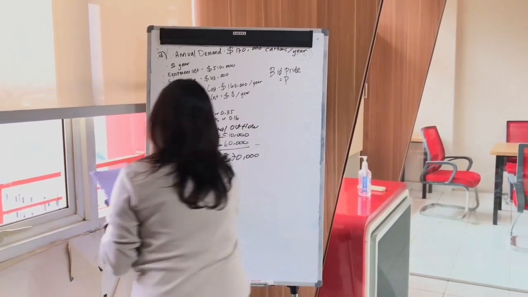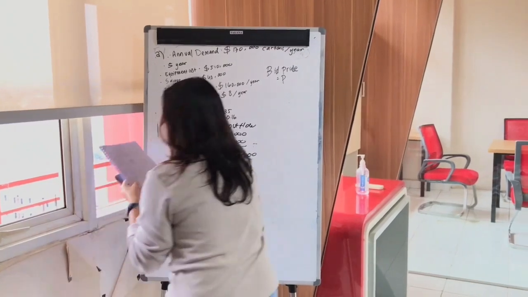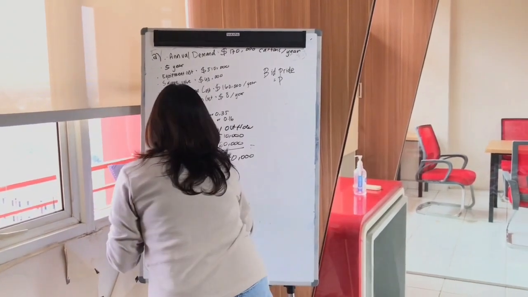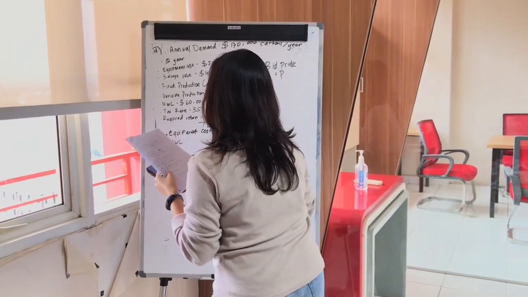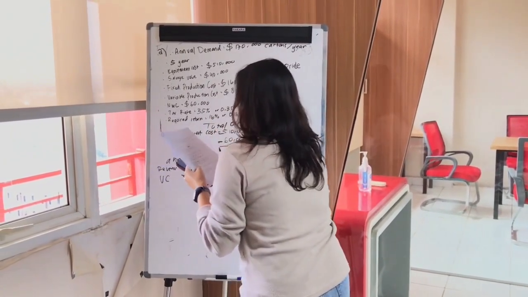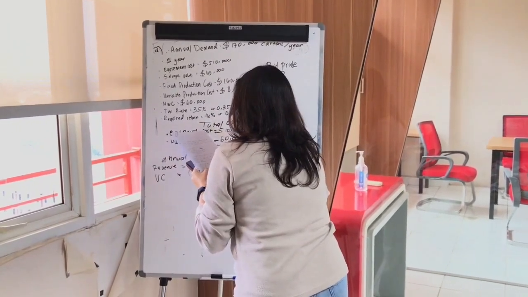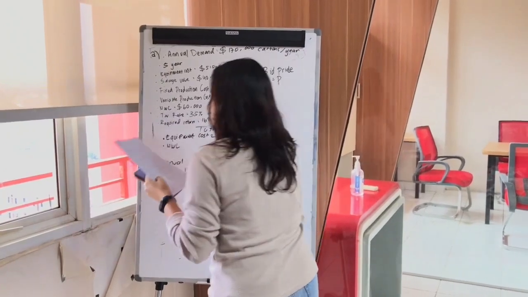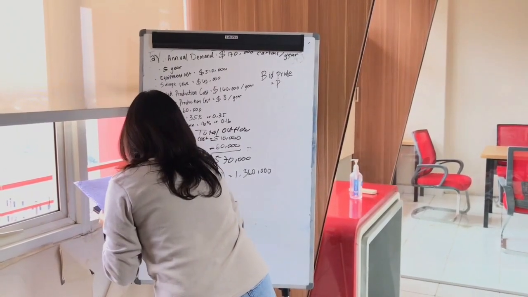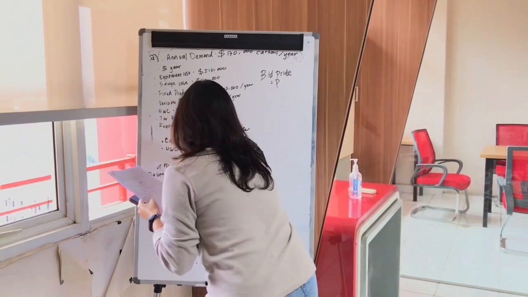Next is variable costs, VC, which is 170 times $8, and we get $1,036. Next we have fixed costs, which is 160.